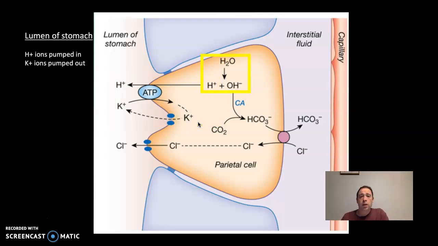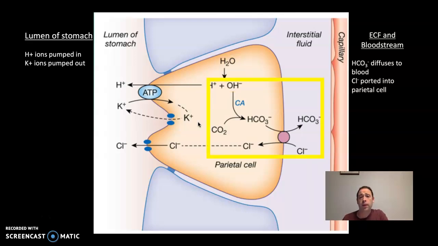The protons that are used in this pump come from the splitting of water. The other product of this split, the hydroxide ion, is combined with the metabolic waste of carbon dioxide through the enzyme carbonic anhydrase to produce bicarbonate. Bicarbonate then leaves the basolateral side of these parietal cells to diffuse into the capillaries with the exchange of chloride ions into the parietal cells.